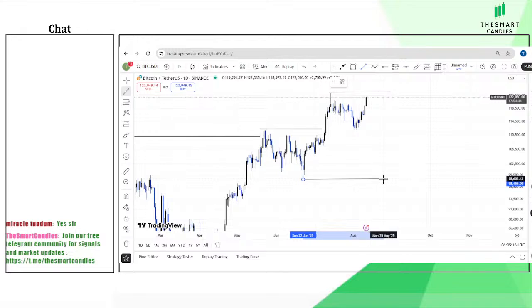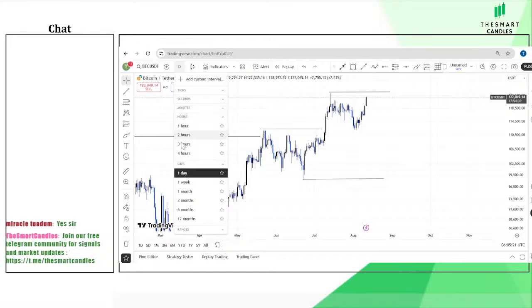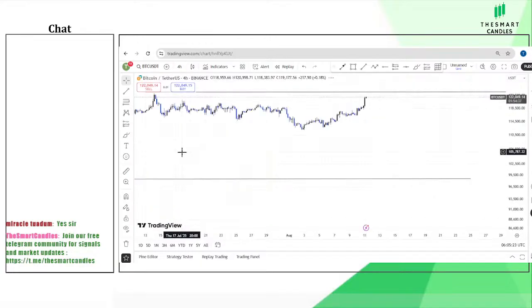So we'll now go down to the 4 hours. We look at what is happening on the 4 hours, then the 1 hour time frame to get our trade entry.